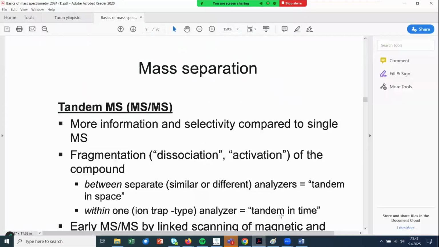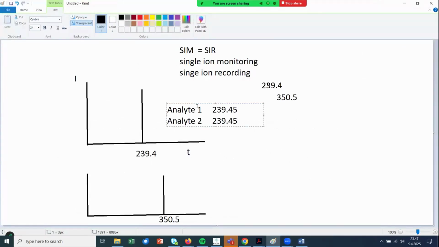But if we do this kind of selective fragmentation of the compound, then based on the fragments we get, we might be able to say what compound we have. Probably analyte 1 gives different types of fragments compared with analyte 2.